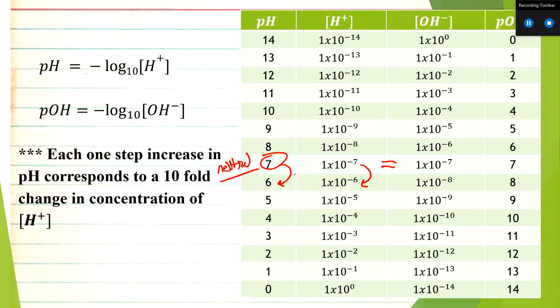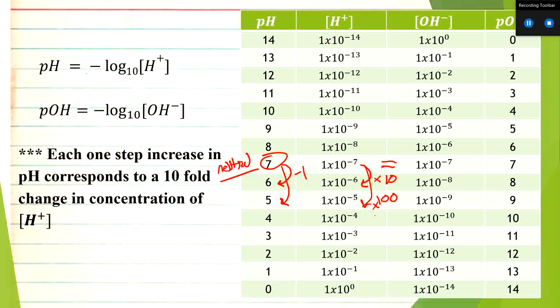So if we subtract 1, that is a 10 times increase in the concentration of hydrogen ions. Again, if we go 2 steps from 7 to 5, that is a 100 times increase in the concentration of hydrogen ions.